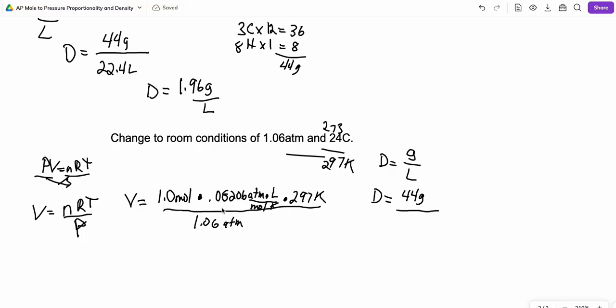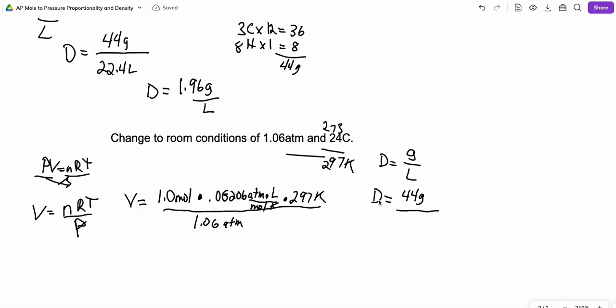So let's see here, 0.08206 times 297 divided by 1.06, and I get 22.99. If we go to 3 significant figures or 2, however you want to do it, it looks like it's about 23 liters.